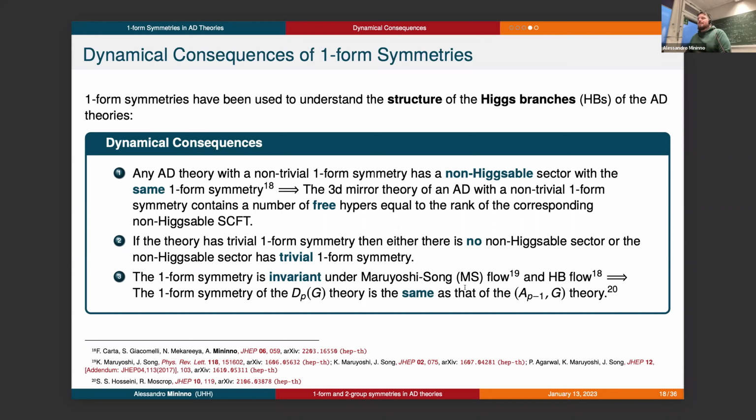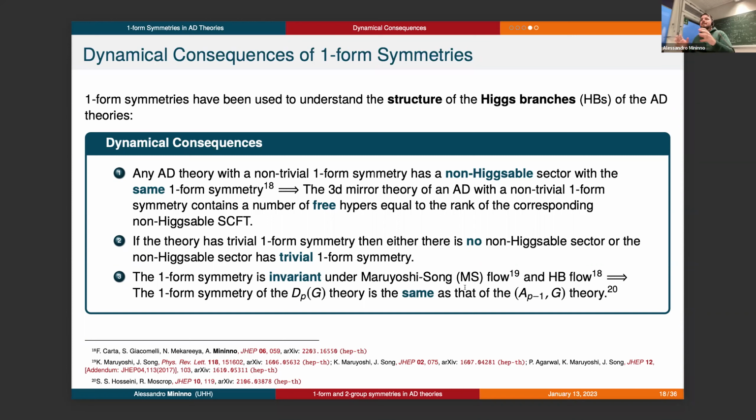Later on, another thing that we discussed plenty in the work, and that has also been studied in other papers, is that the one-form symmetry is also invariant under any kind of Higgs branch flow or Maruyoshi-Song flow. So one can deduce the one-form symmetry from the DPG theory, looking at the theory after you have closed the full puncture.